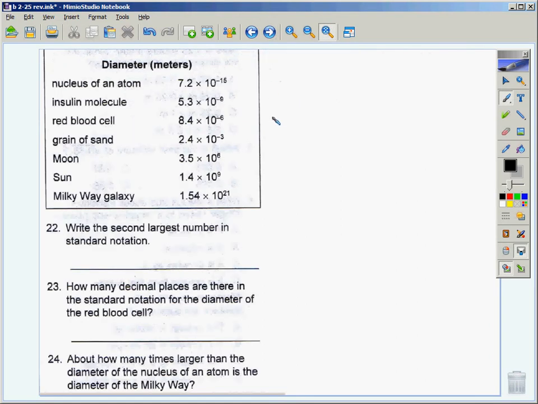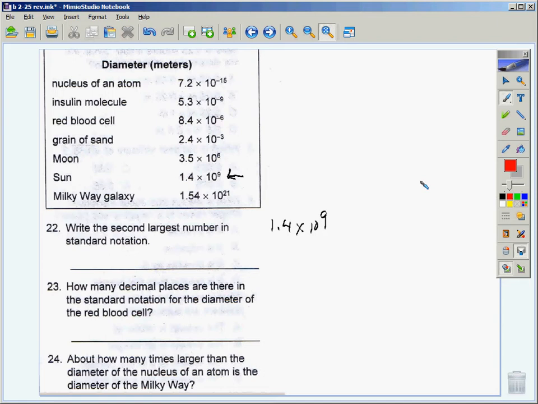Okay, 22 through 24. Write the second largest number in standard notation. By the way, they were real nice. They organized them for me. They didn't have to. Do I want to look at the numbers that are in front of the decimal, or do I want to look at the exponents to compare sizes? I want to look at exponents. This one is the second largest exponent. 1.4 times 10 to the 9th power.